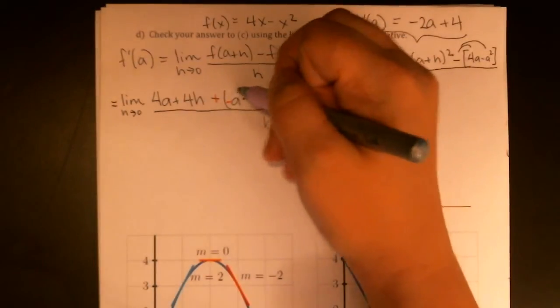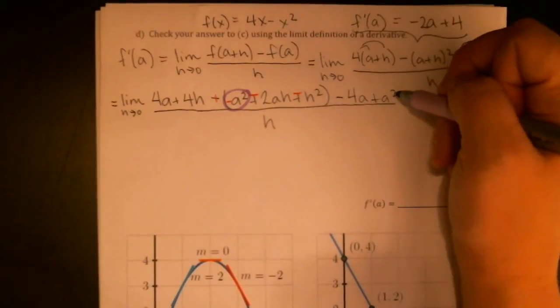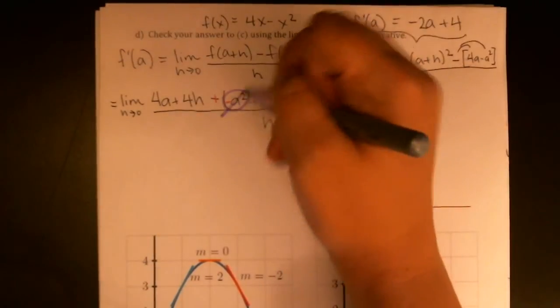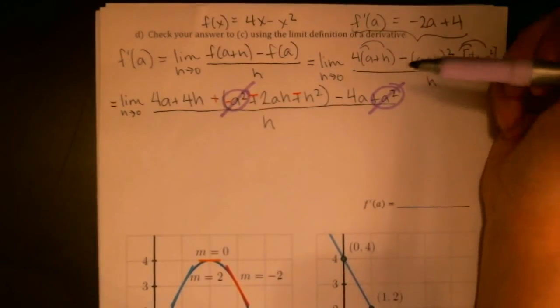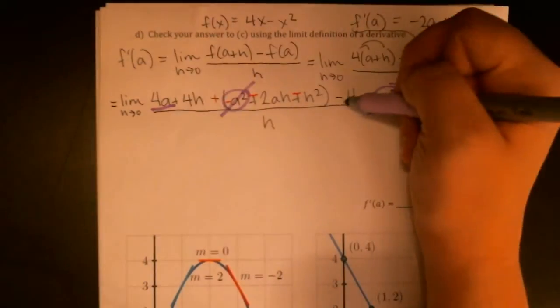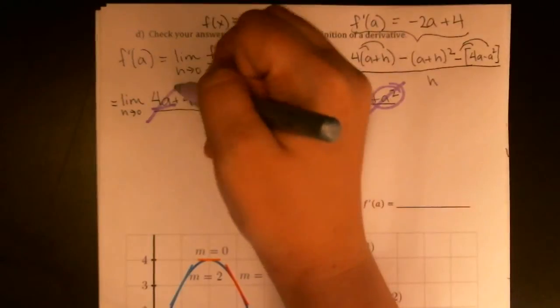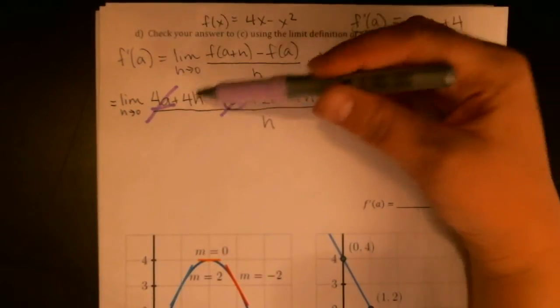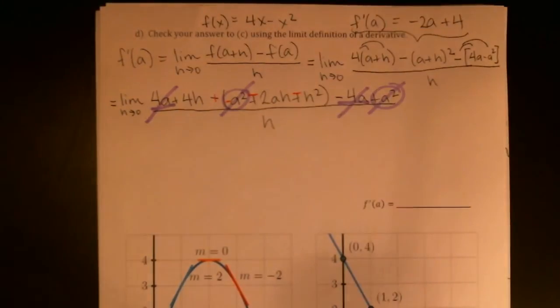Let's see, the a squared, negative a squared plus a squared, that goes away. The 4a minus 4a, that goes away as well. Do I lose anything else? No, I don't think so.